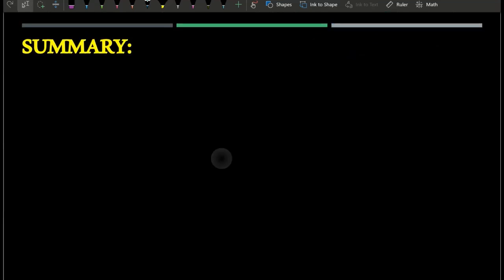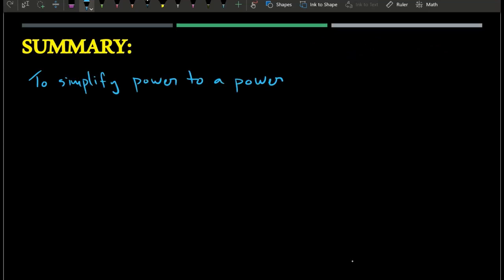Now, summary. To simplify or to evaluate a power to a power, we multiply the exponents.